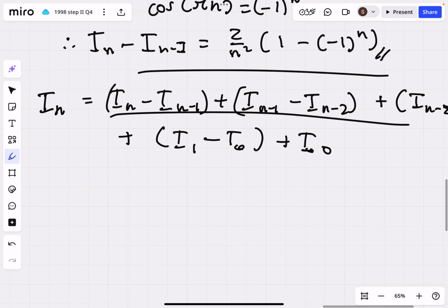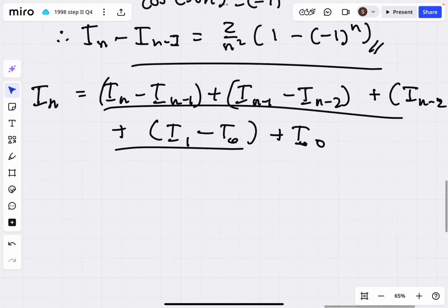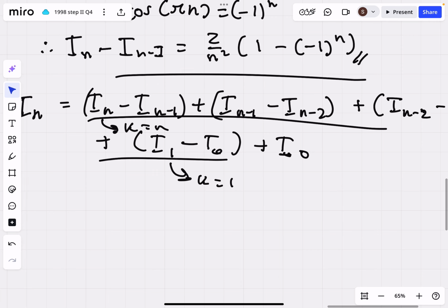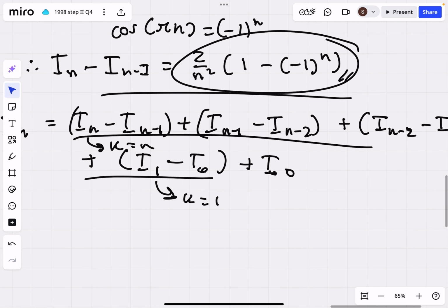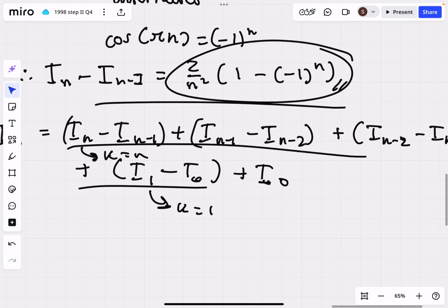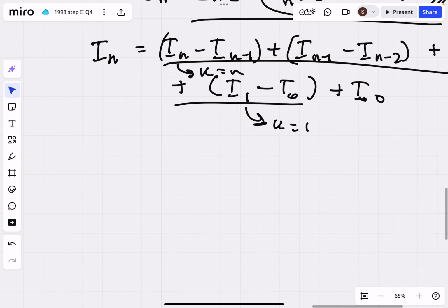So first, let's take this first part of the sum. This would be the sum from an arbitrary value, from k equals 1 to k equals n, of this equation that we found earlier in the question.